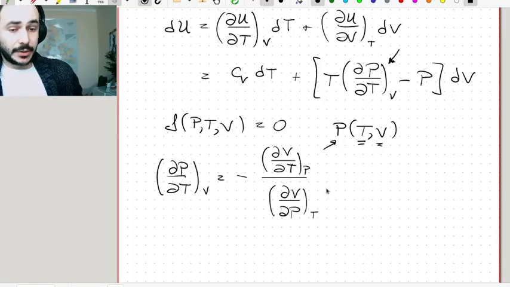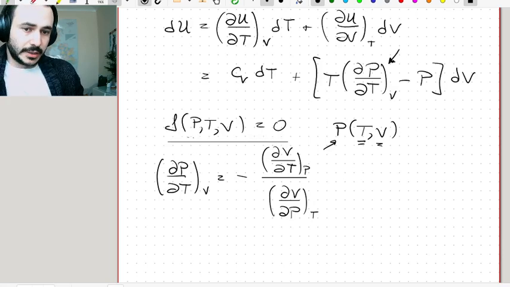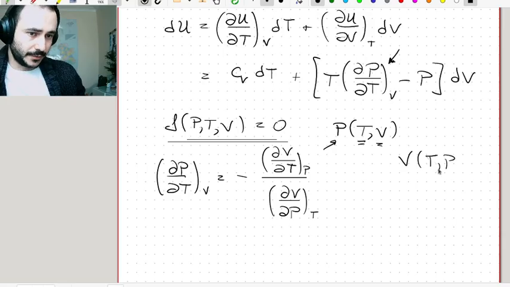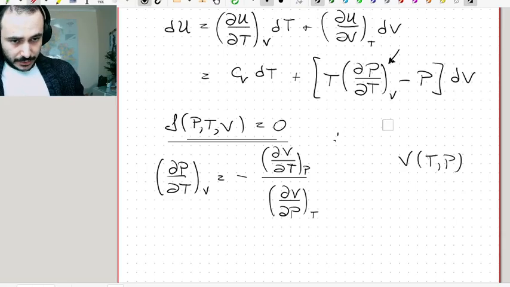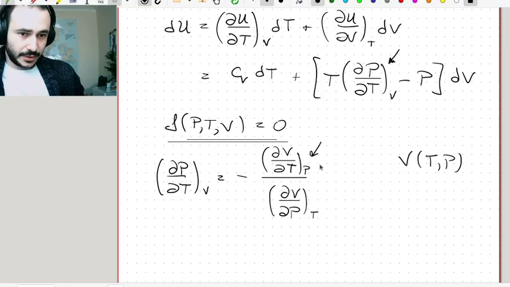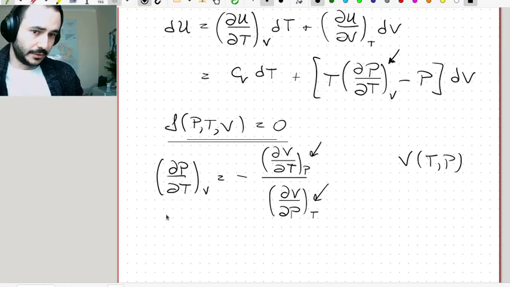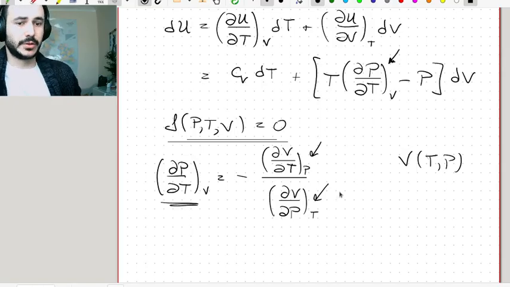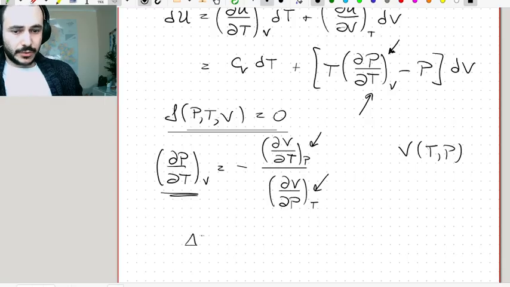And perhaps, okay, I'm just saying that it could be the case that from the equation of state that you are given, it is easier perhaps to write V as a function of T and p, in which case you can calculate each of these two derivatives and then take the ratio of the two, and then you get the thermal pressure coefficient. You plug that in here, and what you do in the end is to just integrate, okay, between the two equilibrium states that you are interested in.